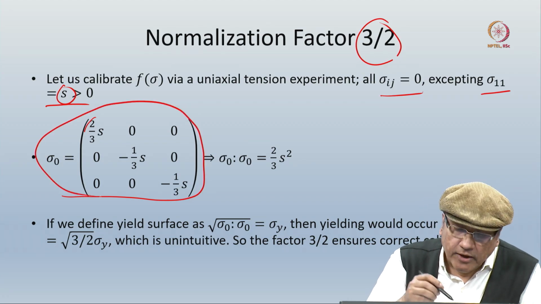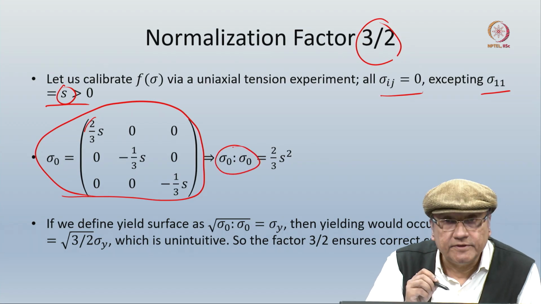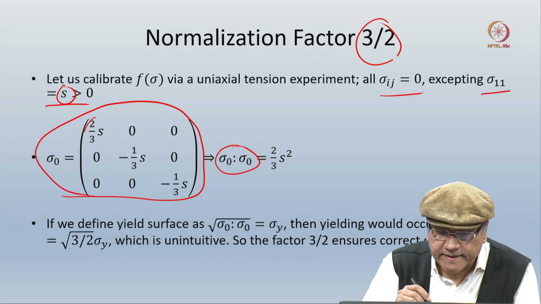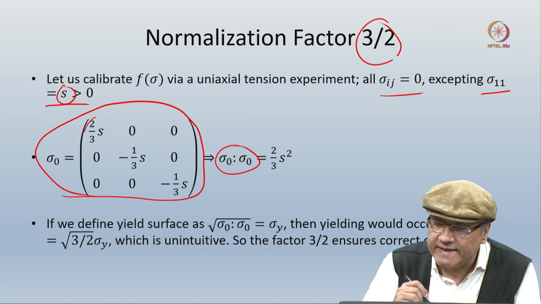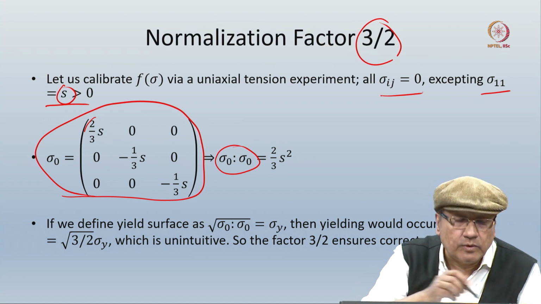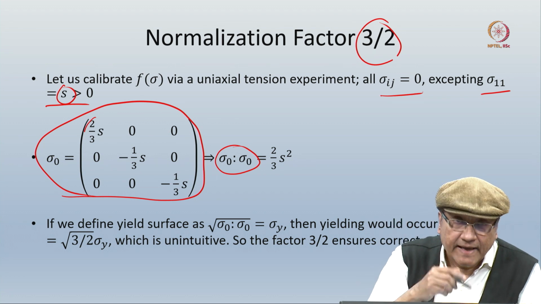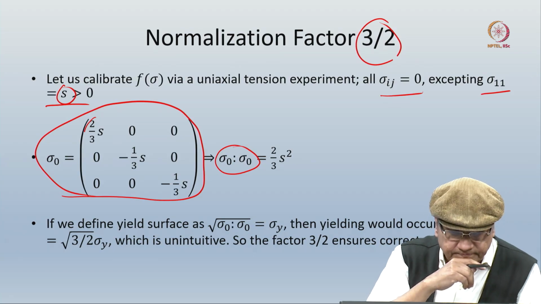If you take the inner product of the deviatoric stress tensor with itself, you will get 2/3 S squared. Recall that sigma_11 is equal to S, and assume S is greater than 0, so it is tension.